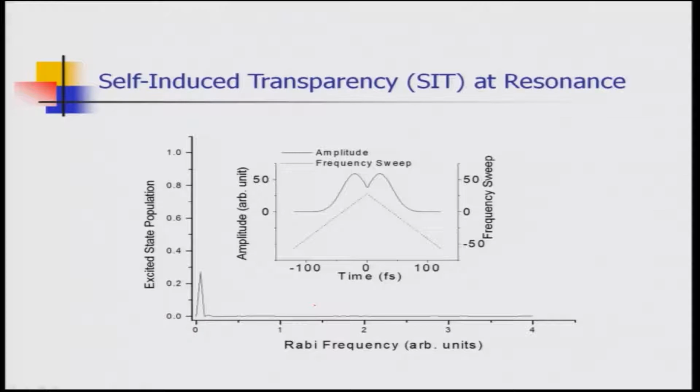This particular process of keeping the system, although it is interacting with the applied field, is self-induced transparency at resonance, and that is because at that point the light will be able to pass through the system without having a net interaction happening to the system, because it cycles back to the ground state.